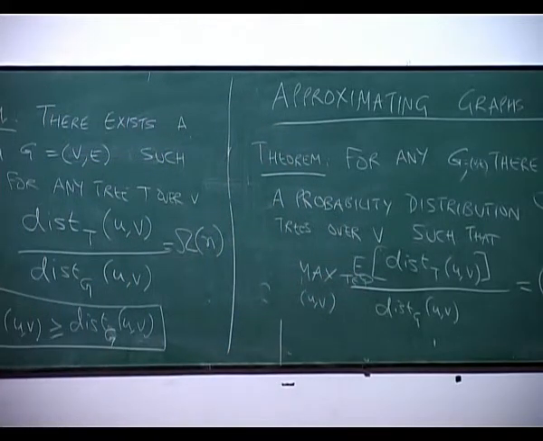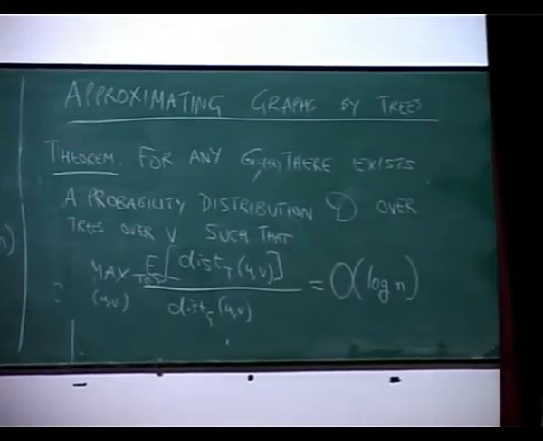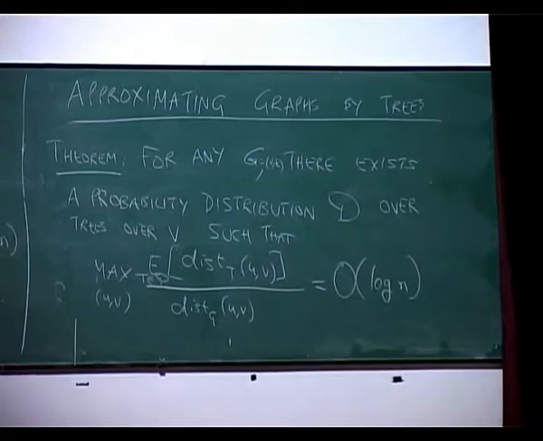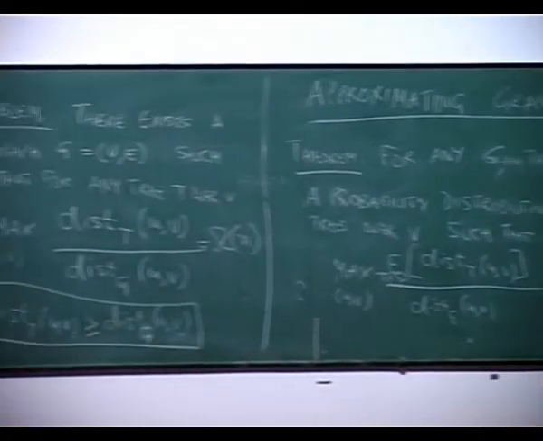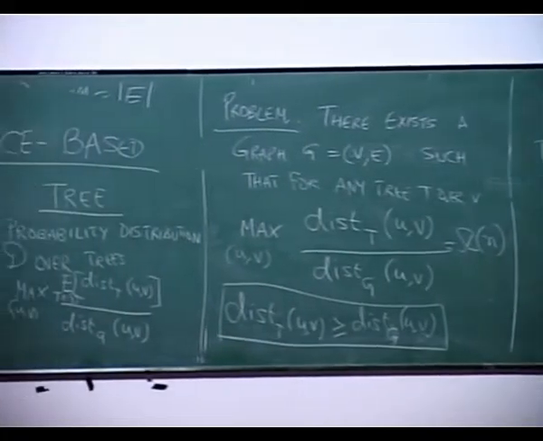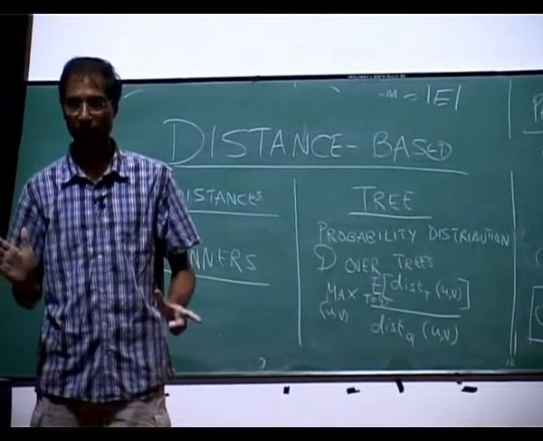I can give you a probability distribution over trees. With that distribution, you pick a tree and you look in that tree at the distance between u and v. That distance will be not more than order log n times the distance in G in expectation.